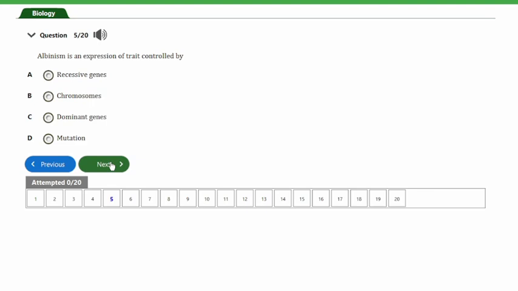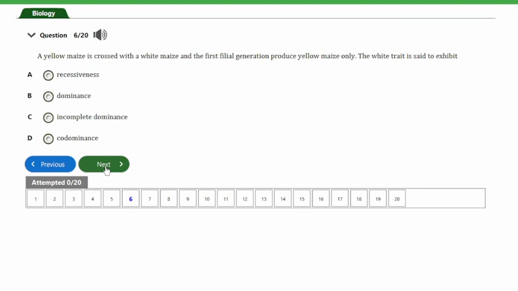So that's what it entails. So in that case, you must get this gene from both parents. In that case, they have to be homozygous. So let's look at the next question, and that's question number 6.